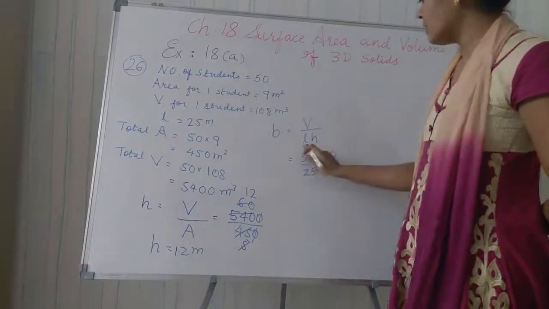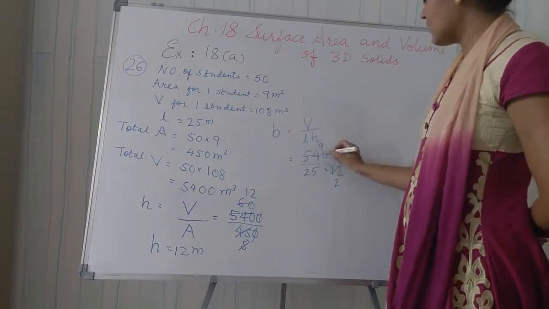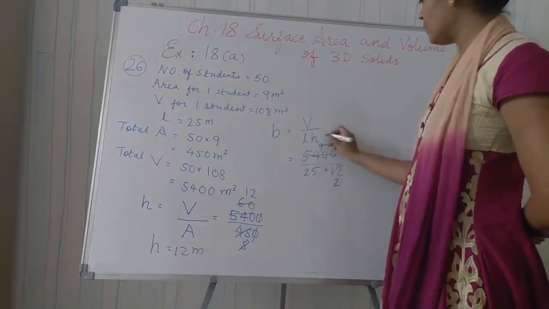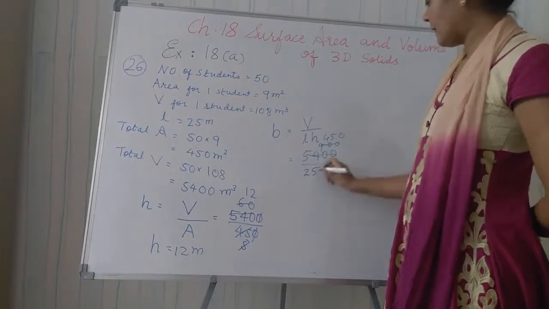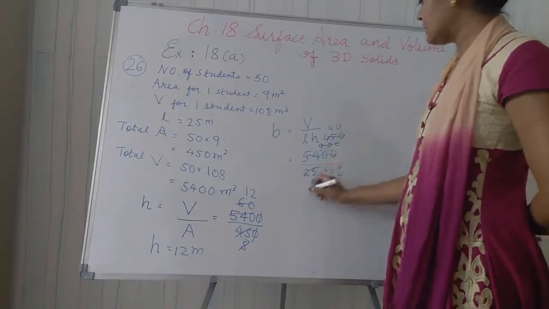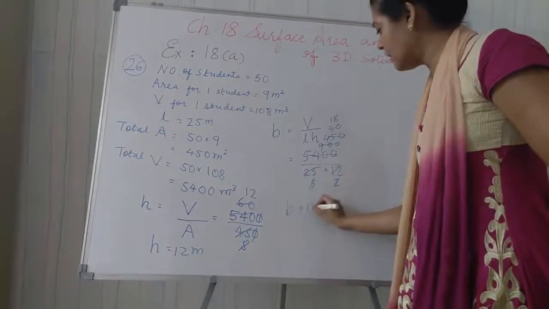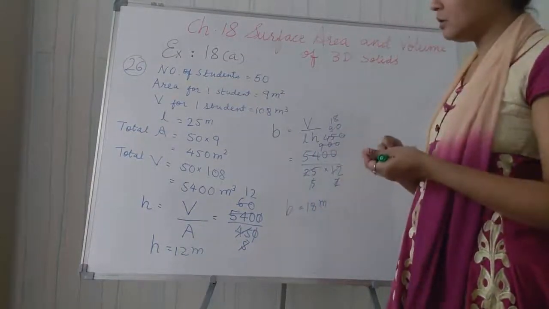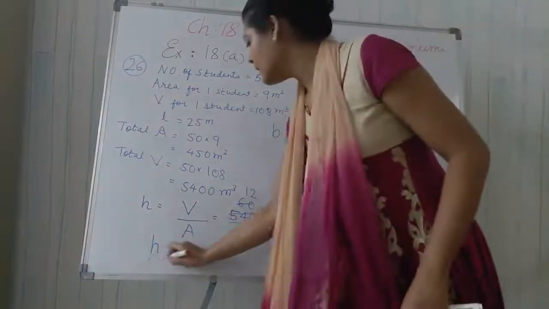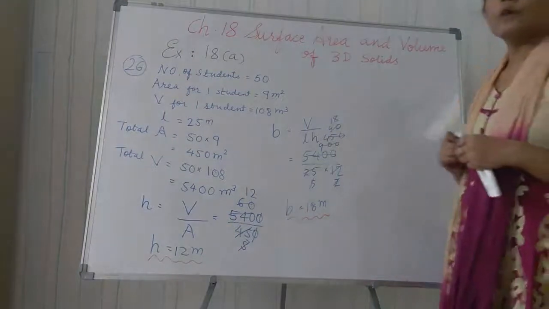So the breadth we found is 18 meter. So the answer here is height is 12 meter and breadth is 18 meter of the room.